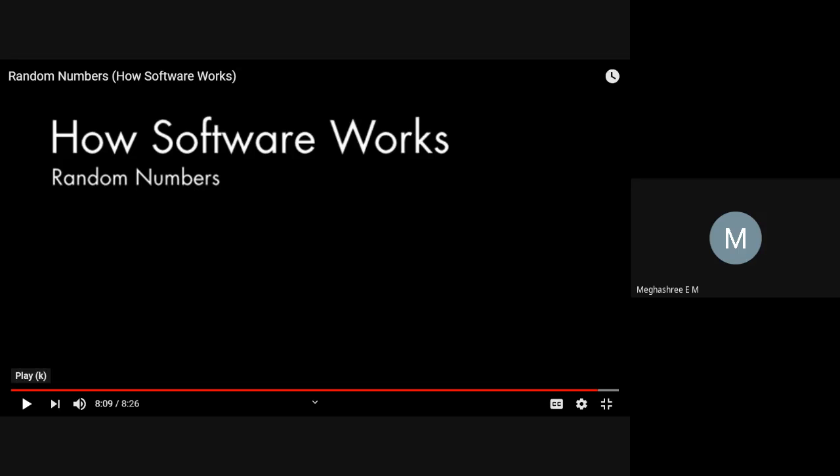Did you understand how software works? I mean, how random numbers are generated? See, the other applications are also given in this video. Random numbers are used in video games, which is a good pastime for you all, right? In video gaming as well as in graphics. And it is used in cryptography as well.